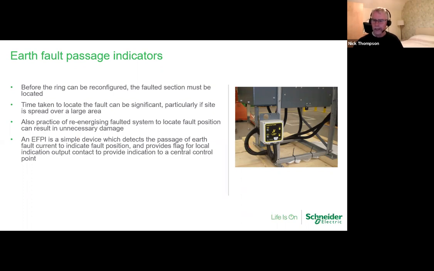So these devices here, when we look at them, are very, very simple. They do have an LED. You can test them. It will have a battery inside it, and the fault current that it's going to detect is down to the network operator and the commissioning engineer to put the settings into here, and it's usually in the form of dip switches, very simple devices.